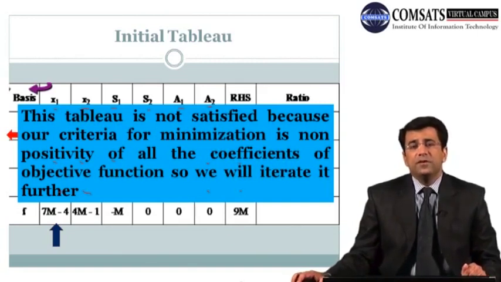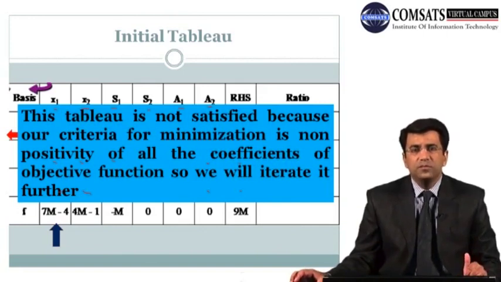So class, we solved different maximization problems in our previous 2 lectures, and in the case of maximization, our criteria of optimality was that all the coefficients of the objective function should be positive. That was the criteria of optimality.